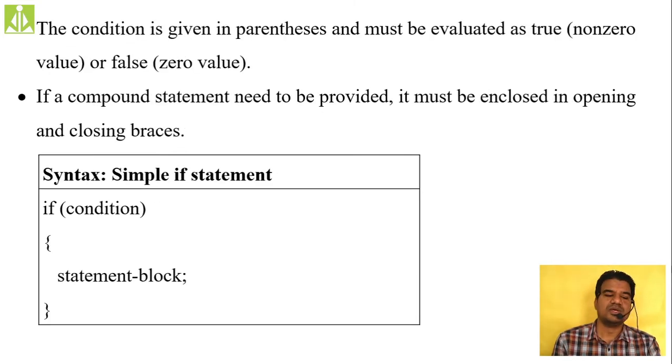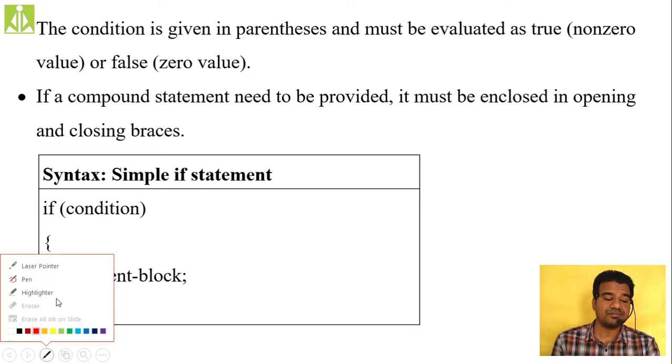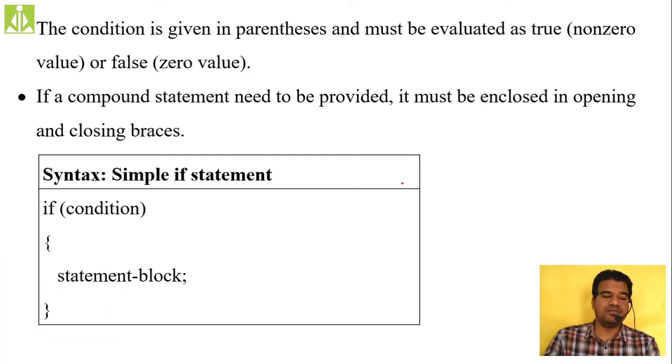That is all. So here you can see the condition will be given. Let us see how we frame the syntax of this simple if statement. First we take the keyword if. We write the keyword if followed by parentheses, and in between the parentheses we write the condition.